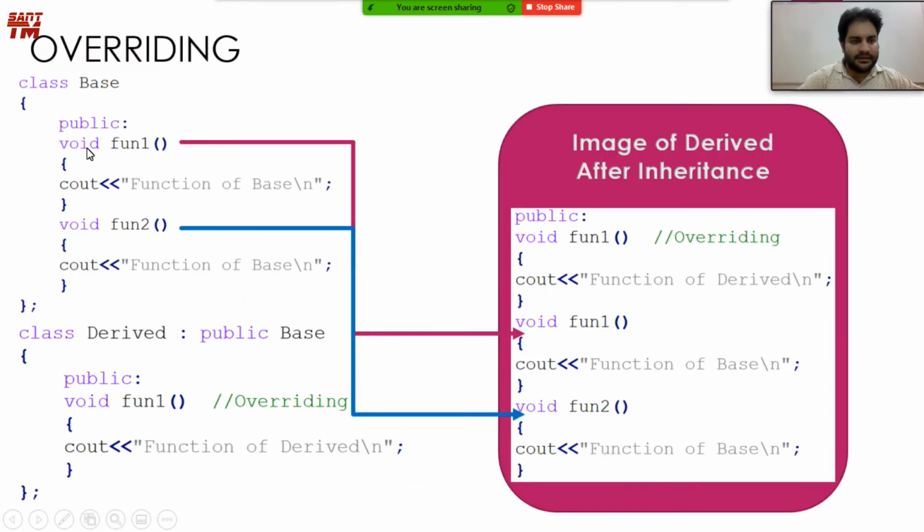Similarly, this is all in the public section of the base class, so this all will be copied into the public section of the derived class after inheritance. So in total 1, 2 and this 3, total 3 functions would be there in the derived class after inheritance. And the function that the derived class is owning prior is this fun1, and here there is one cout statement, function of derived.